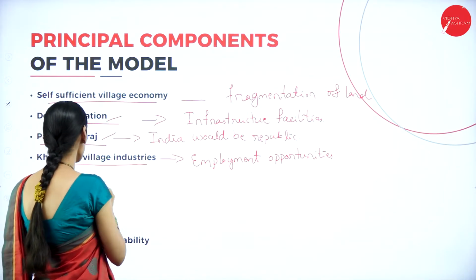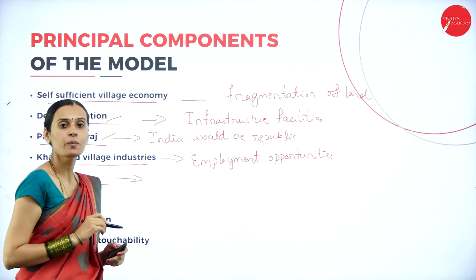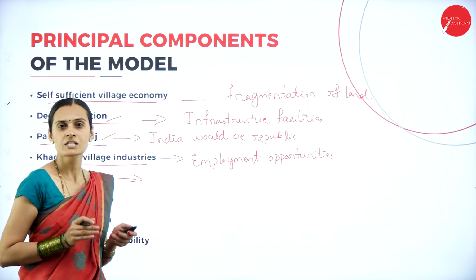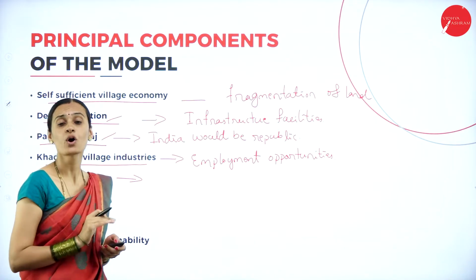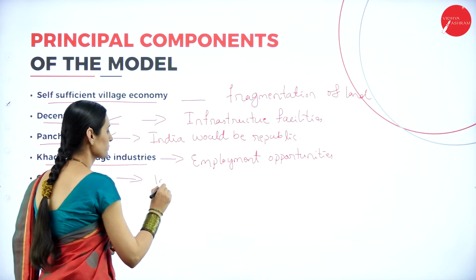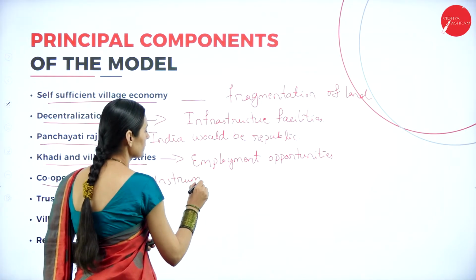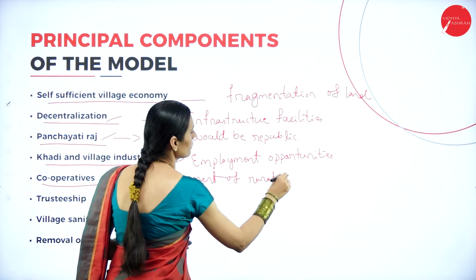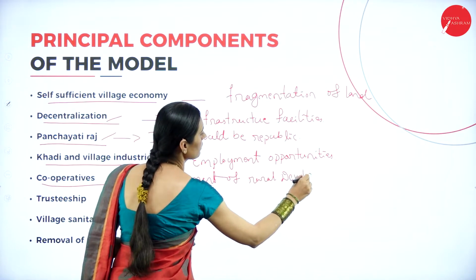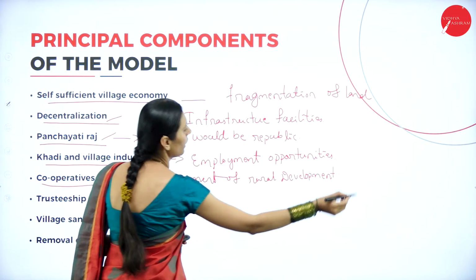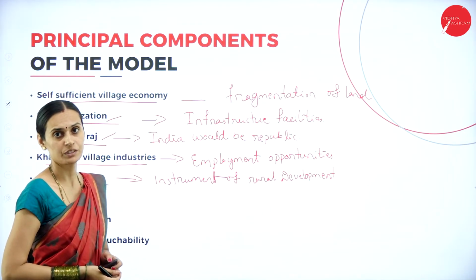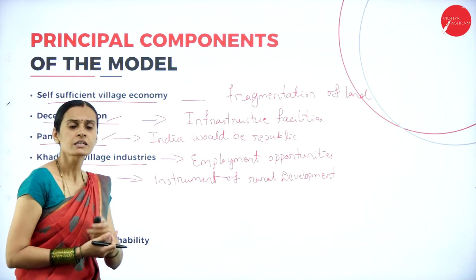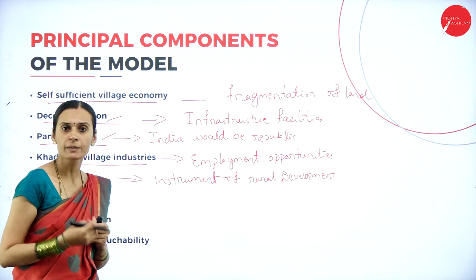And the next one is cooperatives. Yes, cooperatives belong to financial assistance, and are also one of the major instruments of rural development, focusing on the promotion of cooperative farming. He introduced four types of cooperatives.